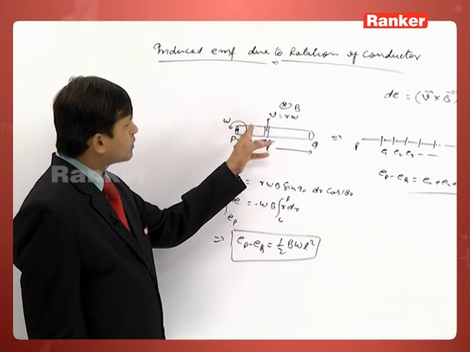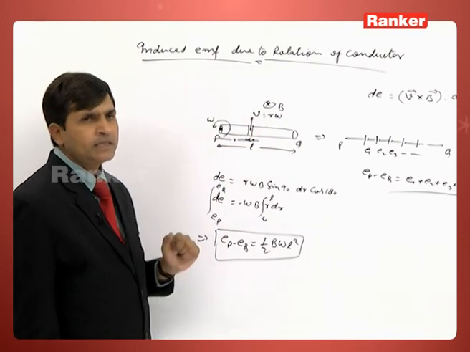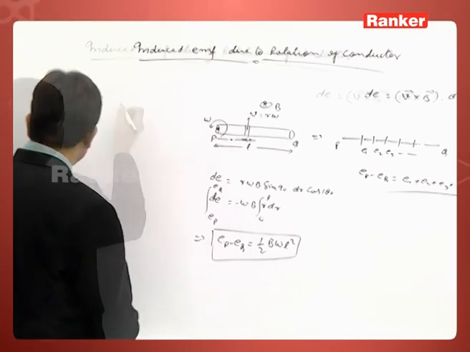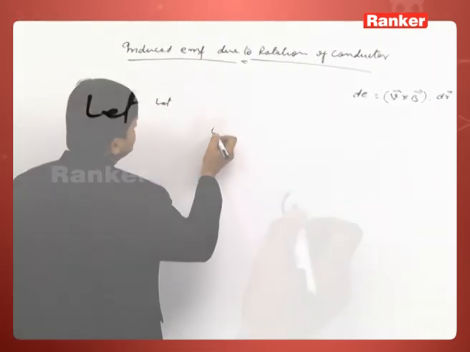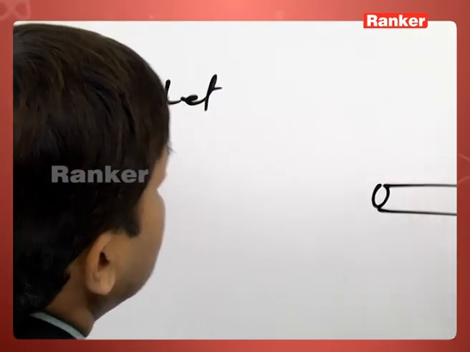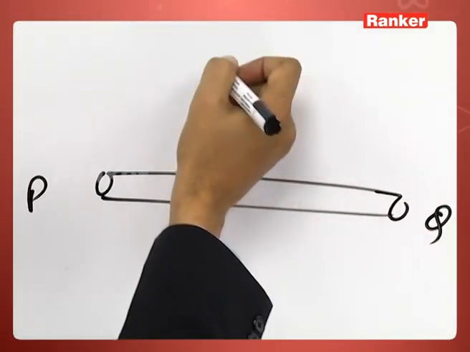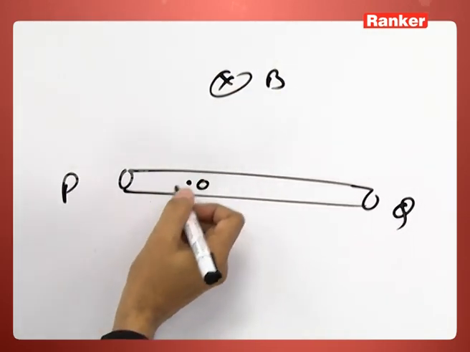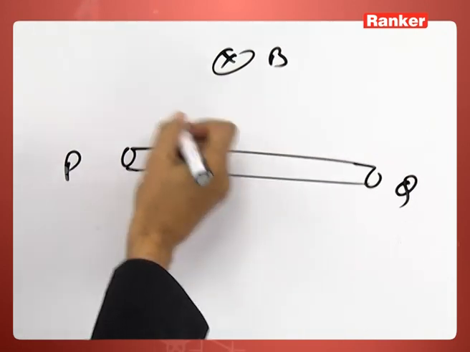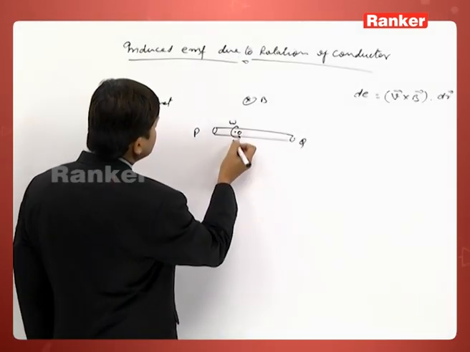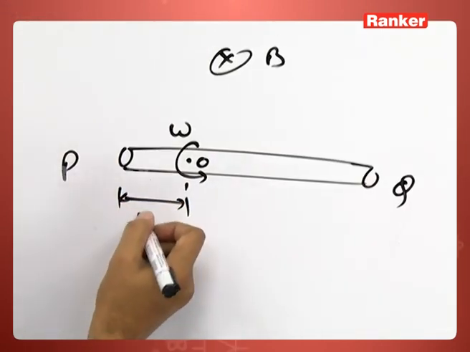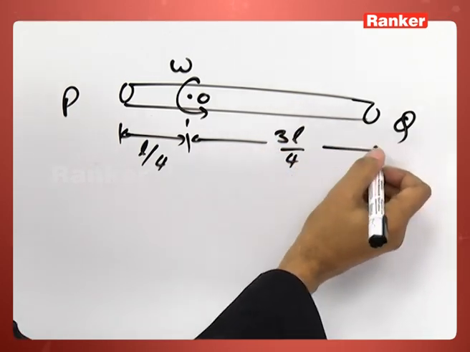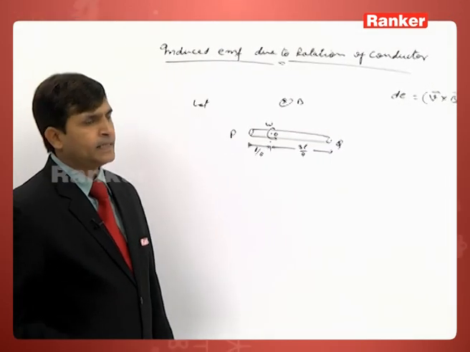Now, see, let's take another example, when the rotation is not about one of the ends, but about a point inside. Another case in which our conductor PQ is the same and the magnetic field is also the same, but the rotation is about O with angular velocity omega, and this O is at a distance L by 4 from one of the ends and 3L by 4 from the other end.